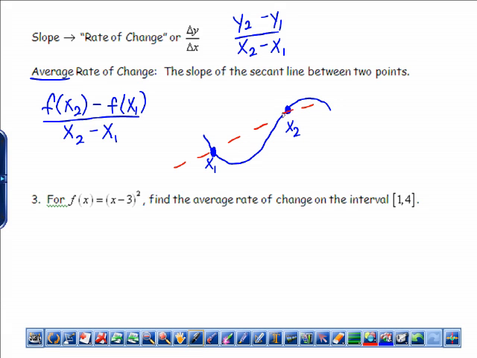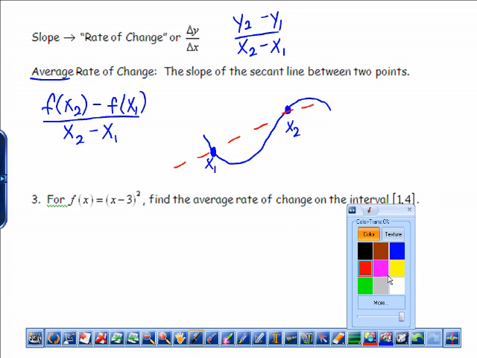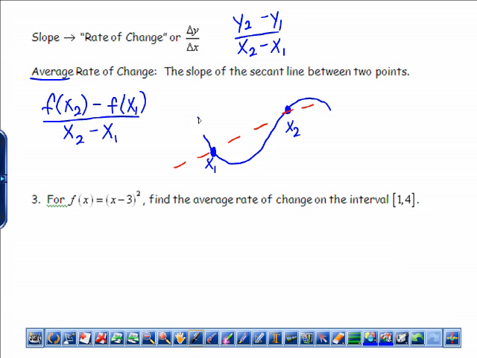Obviously, if it's a straight line, it has to cross through. This blue, let me label this in blue, this blue curve is obviously f of x. So what we've got here is y values. Our y value right here is f of x1. Our y value up here is f of x2.